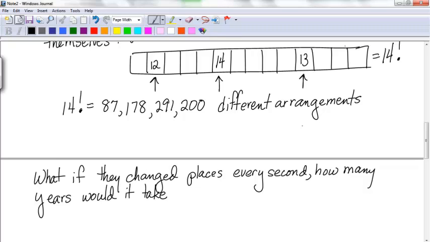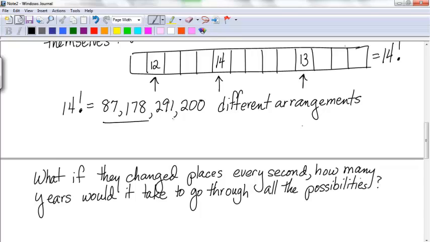You'll never get this banquet over with. How many years would it take to go through all the possibilities? Now I want you to take a couple minutes and figure that answer. Here's what you're starting with. They change places every second. I want to know how many years it is going to take.